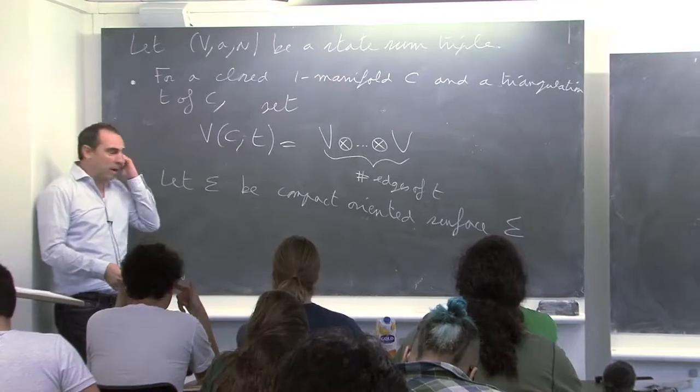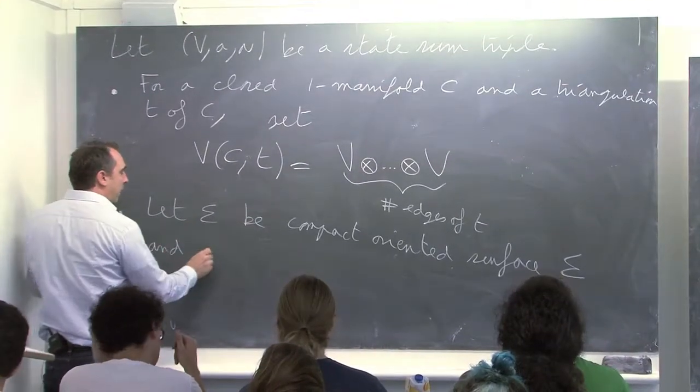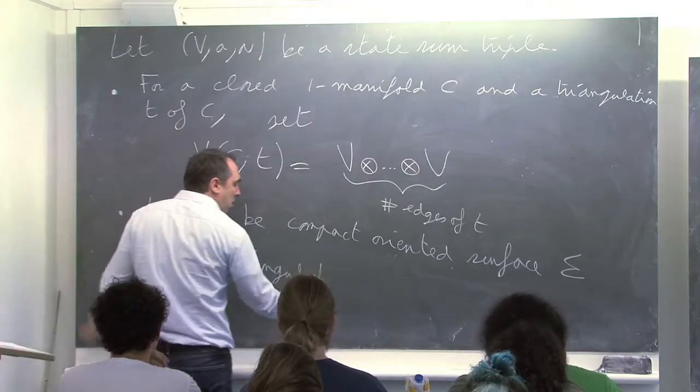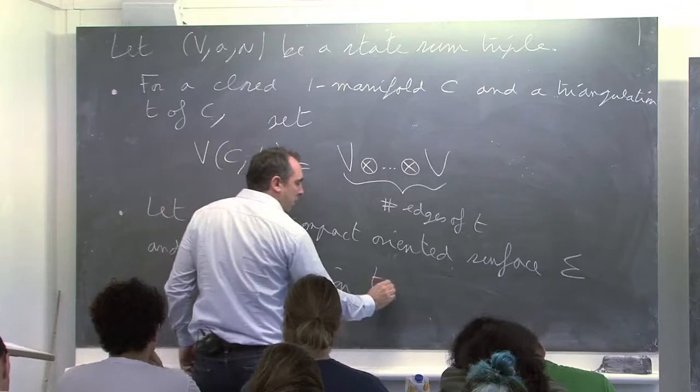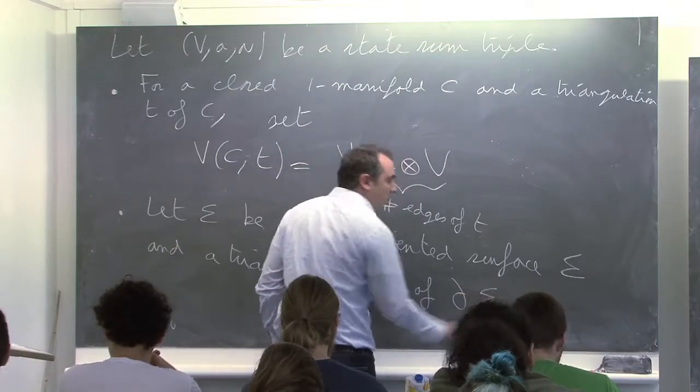So it may have a boundary. And so you consider a triangulation T_delta of the boundary of Sigma.